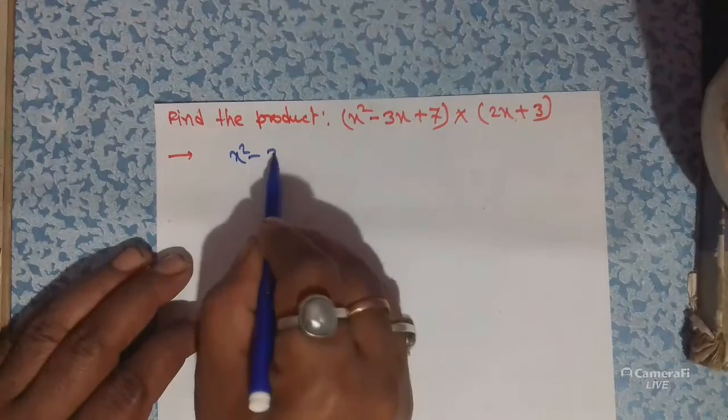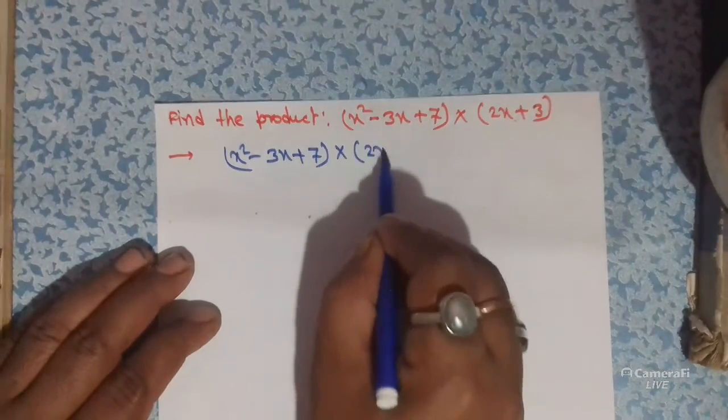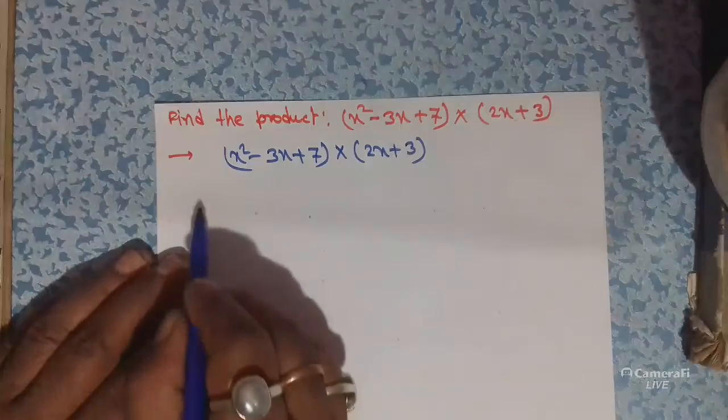So x square minus 3x plus 7 multiply 2x plus 3.